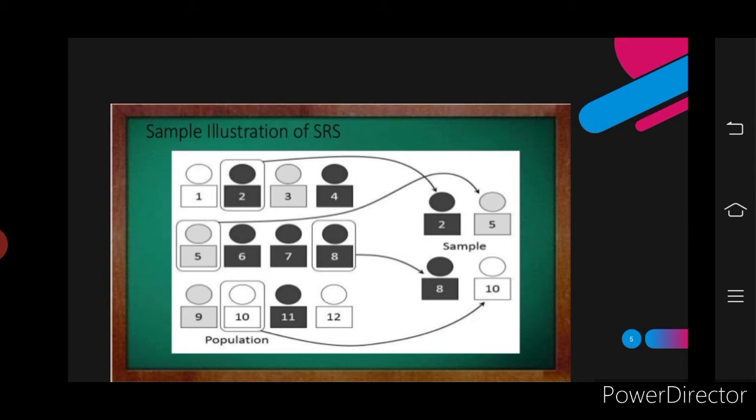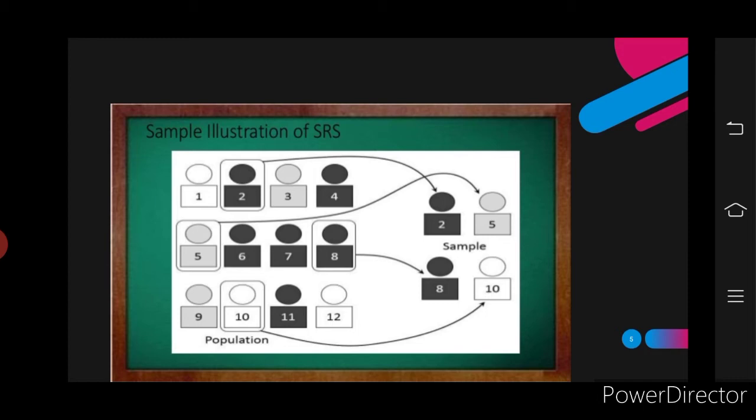When we say random, we should pick within this 1 to population. From this first batch, sa dark areas, gi-choose ang number 2 para mahimo siyang sample.